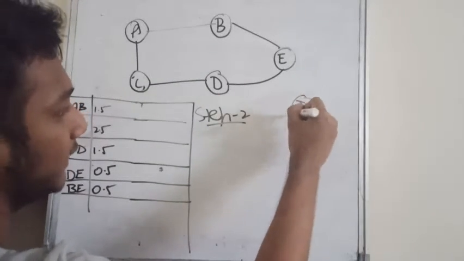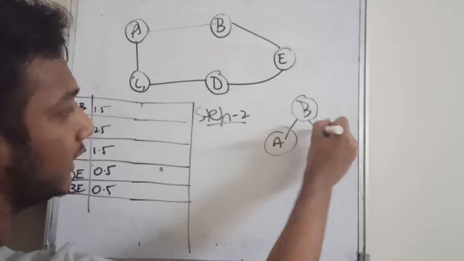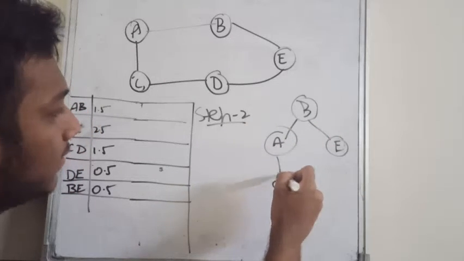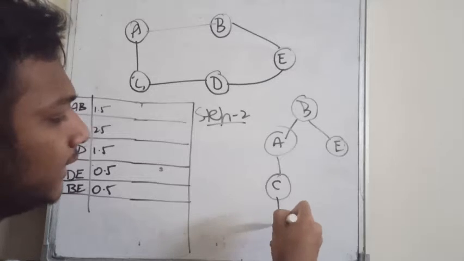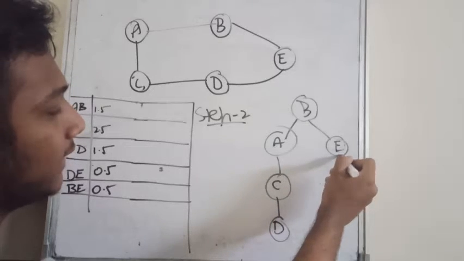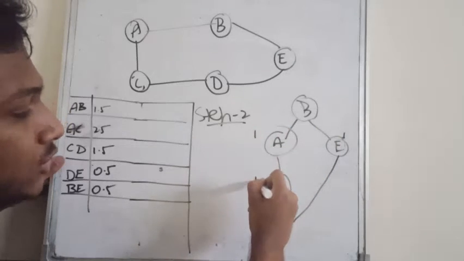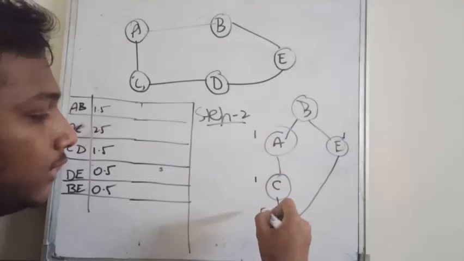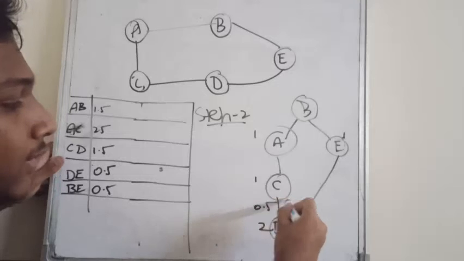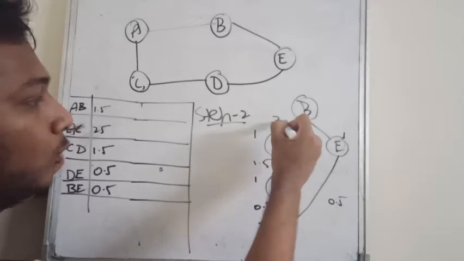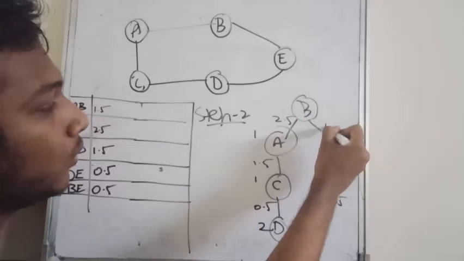B is directly connected to A. B is directly connected to E. A is directly connected to C. C is directly connected to D, and E is directly connected to D as well. So this will be 1 direct connection, 1 direct connection, 1 plus 1, 2. So this will be 0.5, 0.5, 1.5, 2.5 and 1.5.